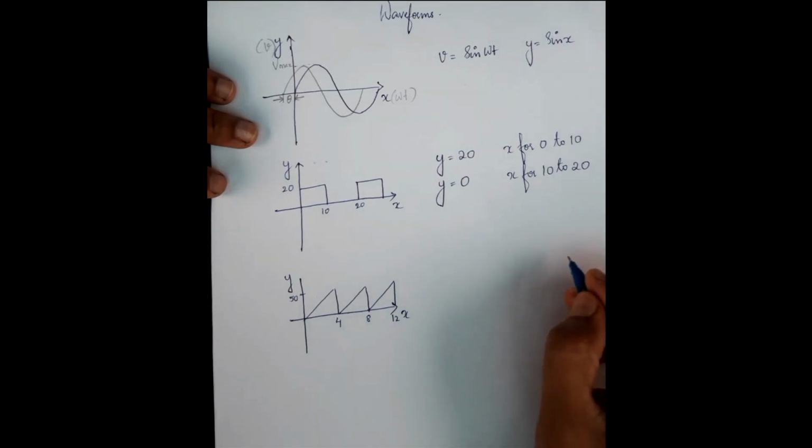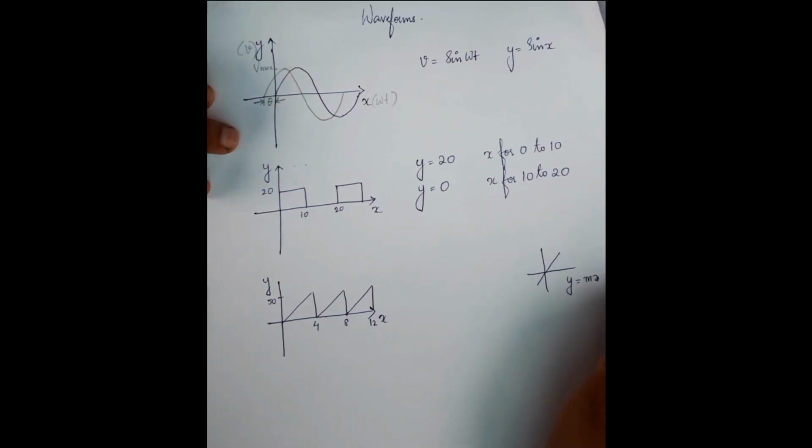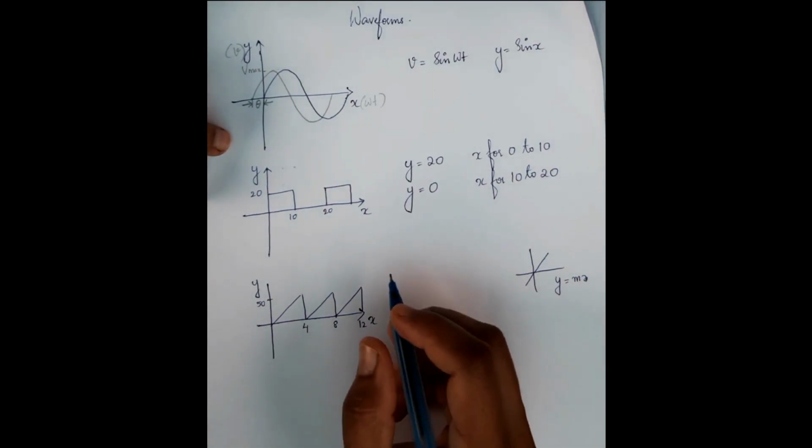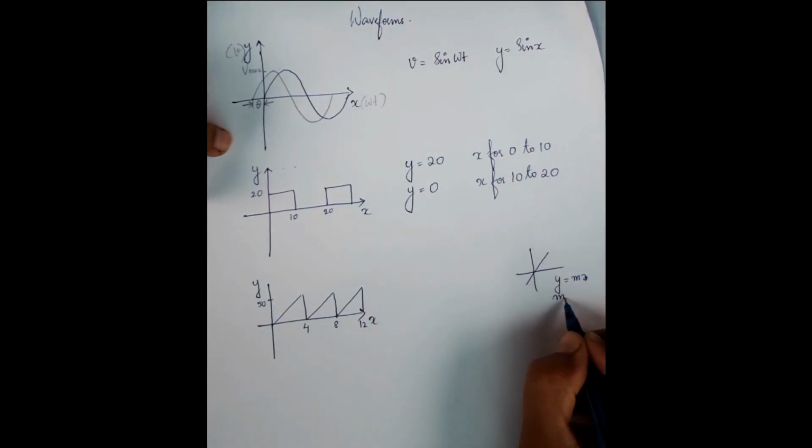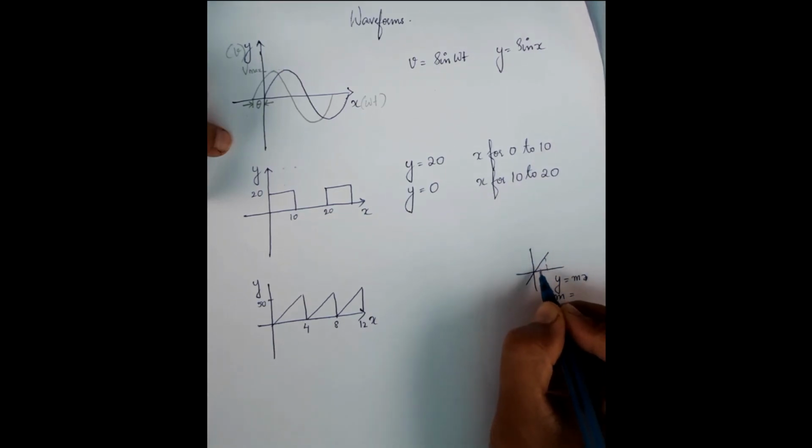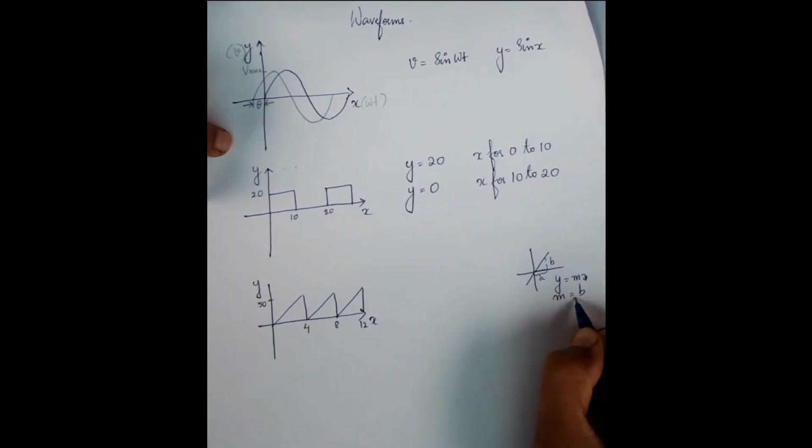You can see from 0 to 4 it is increasing, and from 0 to 4 the shape equation is y equal to mx, where m is the slope, which you can find by b by a.